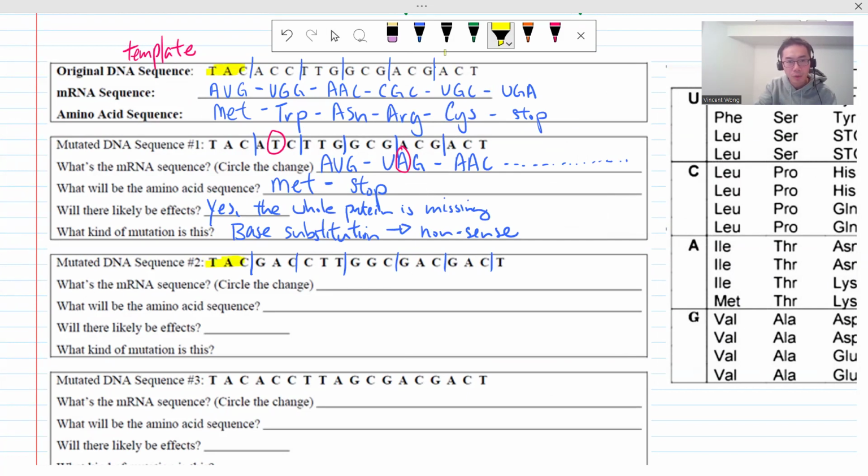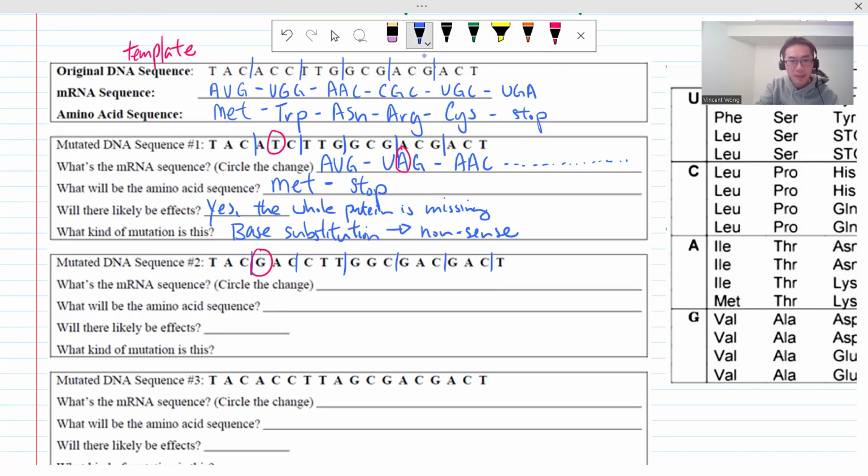So we have to identify it. TAC, TAC, no change. Next is ACC, but now I see GAC, right? So in fact, the ACC is there, but then there's an extra G. So that's where the mutation is. Okay.